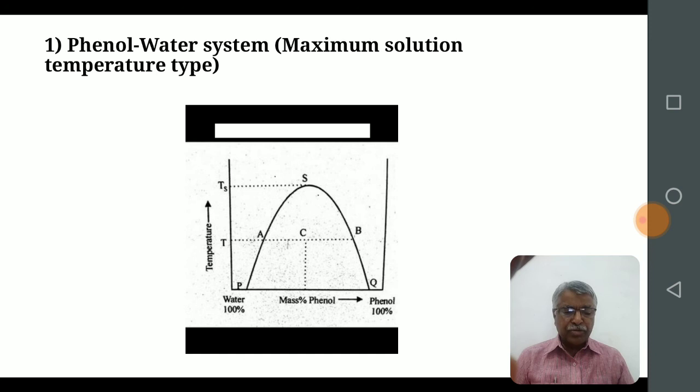The variation of mutual solubility of phenol and water with temperature can be represented as shown in the figure. Consider that at any fixed temperature, say T Kelvin, the composition of each layer is fixed as indicated by the points A and B. The point A gives the composition of the water layer and point B gives the composition of the phenol layer.